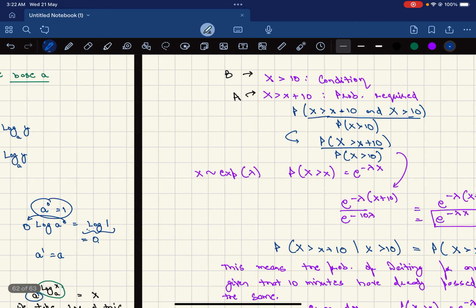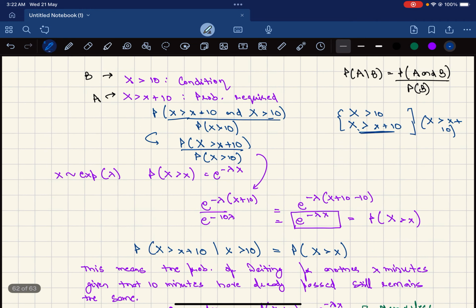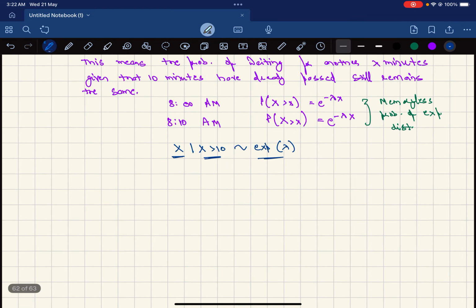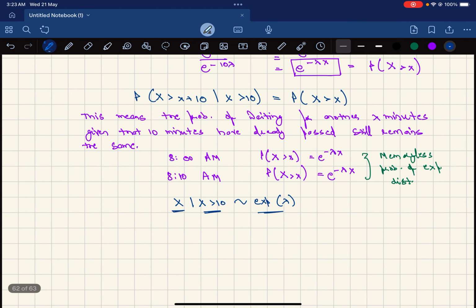And after this Tukey criteria, we looked at the memoryless property of exponential distribution, where we saw that the probability of waiting another x minutes, given that some time has already passed, still remains the same, and the distribution of waiting time also remains the same irrespective of how much time has already passed.